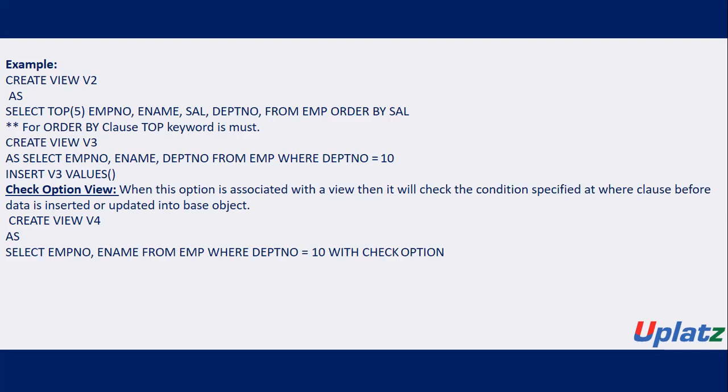Next example, we are creating a view v3 as select employee number, employee name, department number from employee where department number is equal to 10.